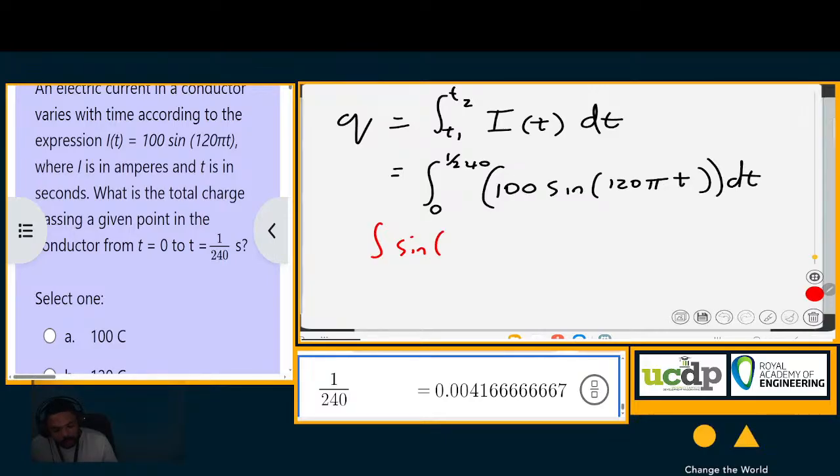The integral of sine constant times time dt is equal to negative of 1 over whatever that constant is, a cosine pi constant t.